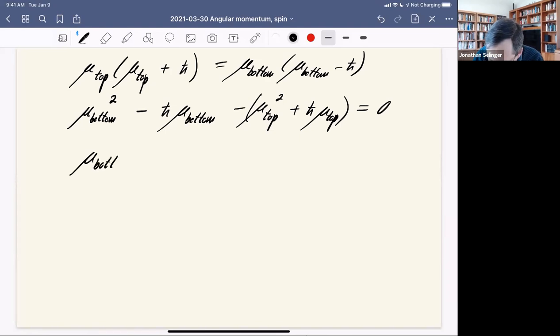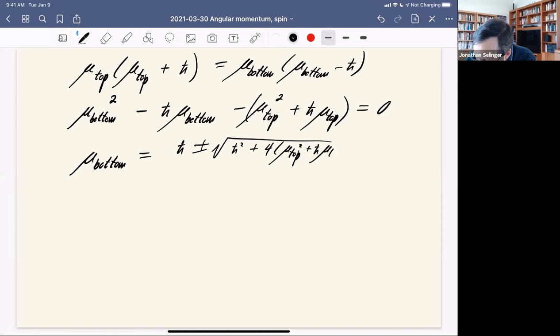Mu bottom is equal to negative b, so that's h bar, plus or minus the square root of b squared, that's h bar squared, minus 4 times 1 times c, so plus mu top squared plus h bar mu top, all divided by 2. Can I simplify this?